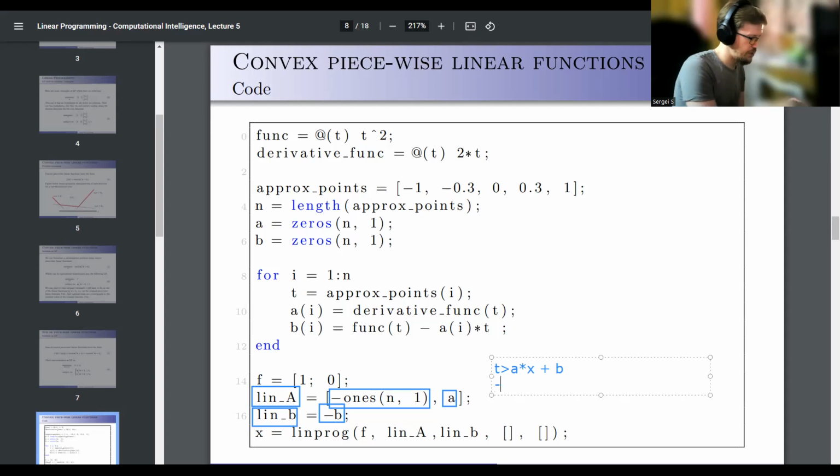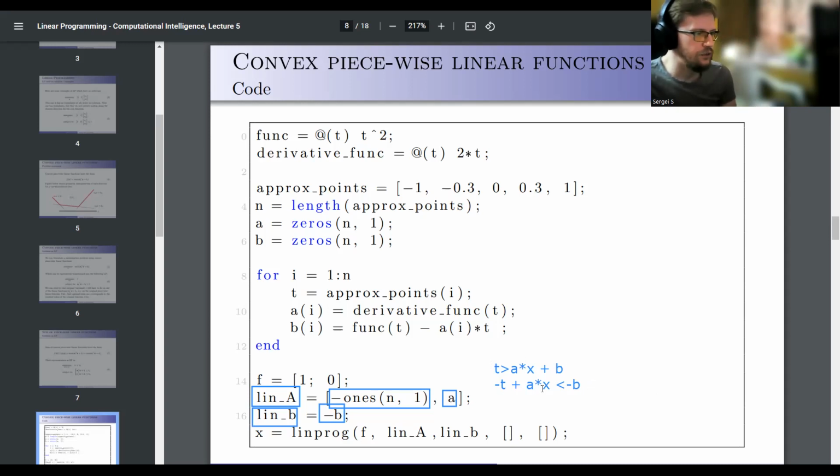So I have minus t plus Ax less than or equal to minus B. So those two are equivalent, right? And that's what we get. So that's why minus 1 is the coefficient in front of t, a is the coefficient in front of x, and minus b is here. And you call linprog.